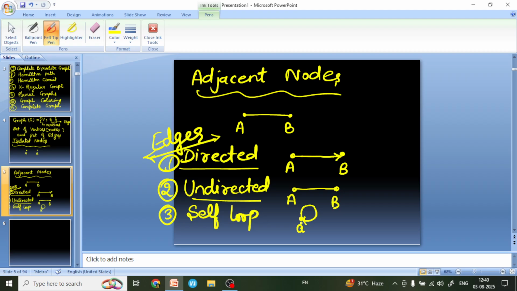An edge which joins a vertex to itself is called a loop, and that is represented like this: A comma A.